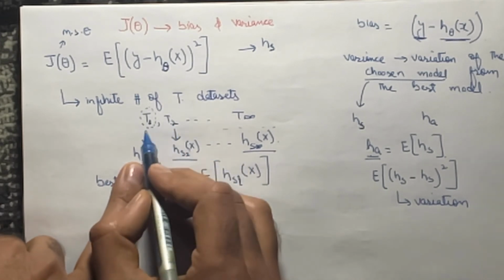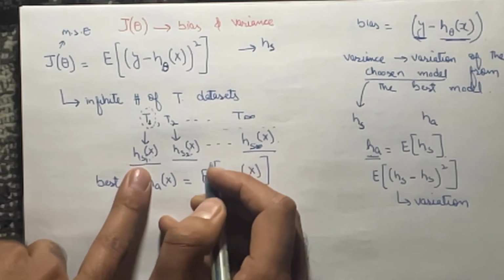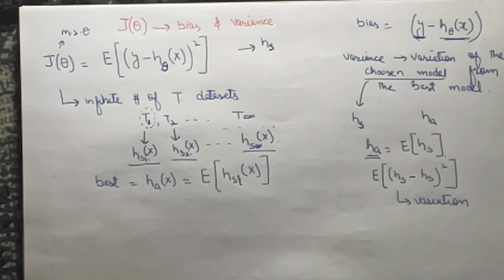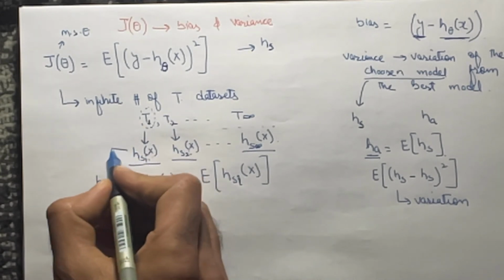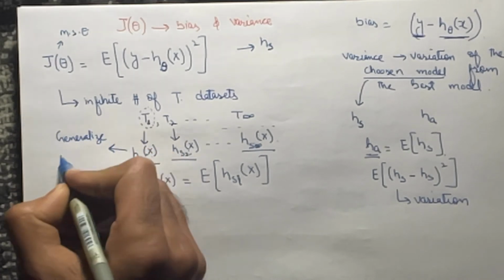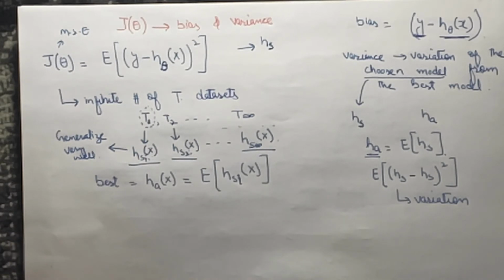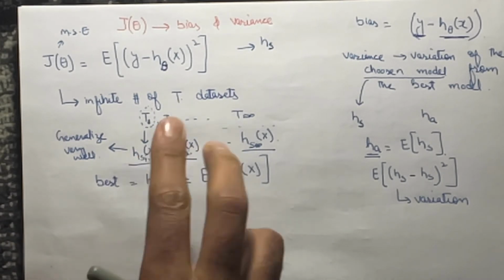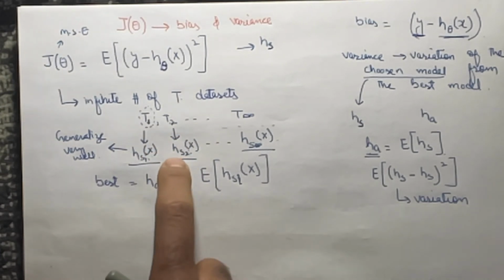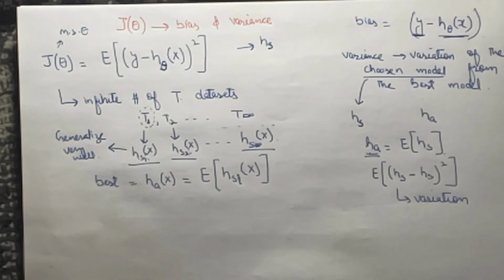If there is no significant difference between these models, then we will say they are very less sensitive to the training data variations, or that these models generalize very well. In other words, these models won't overfit, because when they generalize very well, they are not overfitting.